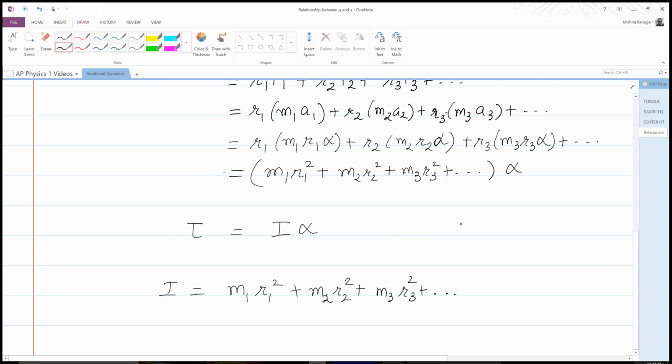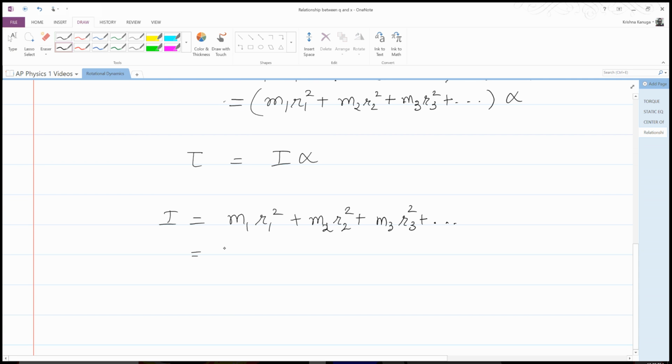Okay, this term has a name. It is called the moment of inertia, and if you look at this, it is simply dependent on the geometry of the system, just the masses of the particles and how far they are from some origin.